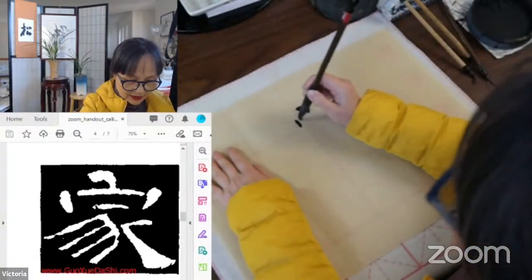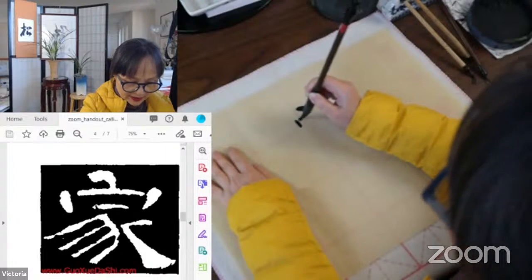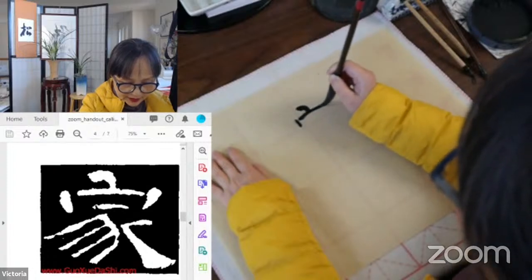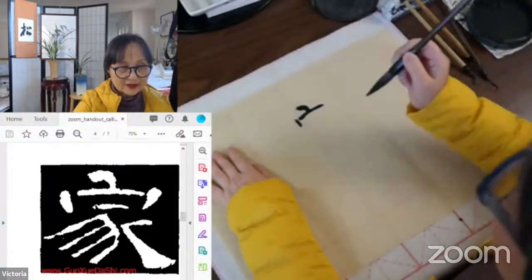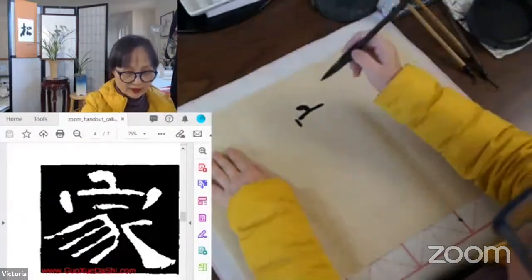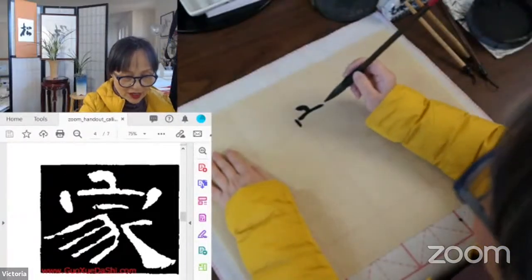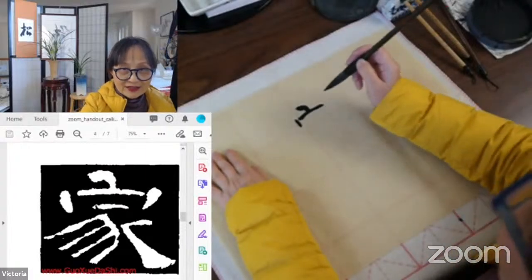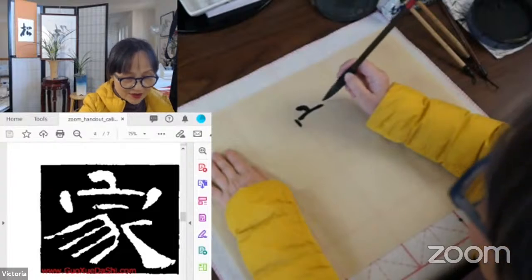Back, conceal the tip, and then go. And go a little bit back like that. And then not press and lift, but do that hook one, right? You can tell it is another stroke.